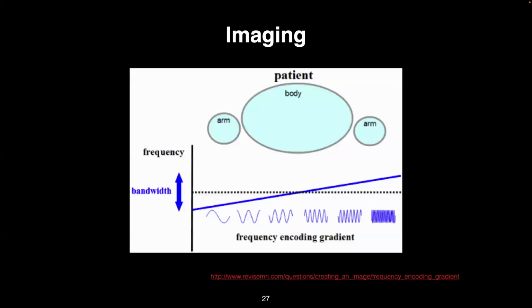So let's look at this a slightly different way visually here. Previously we were showing that you can vary your frequency over position and then just excite the protons in that slab of tissue. That's part of the process we call slice excitation.